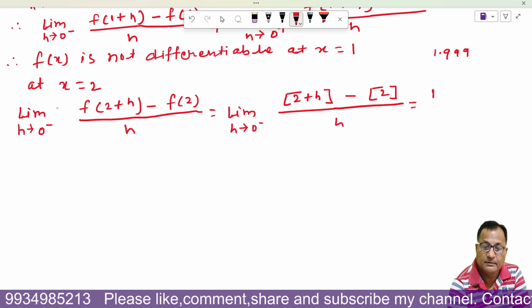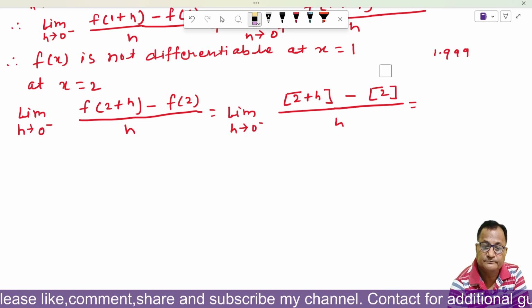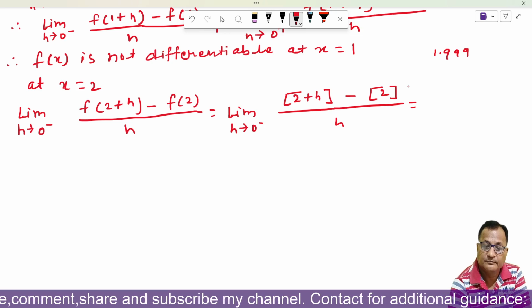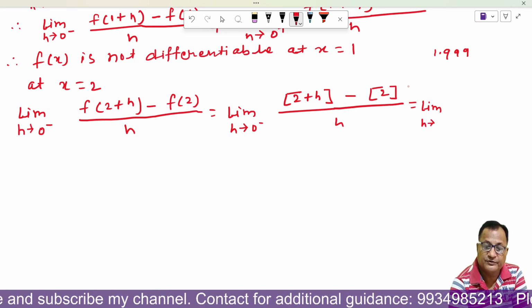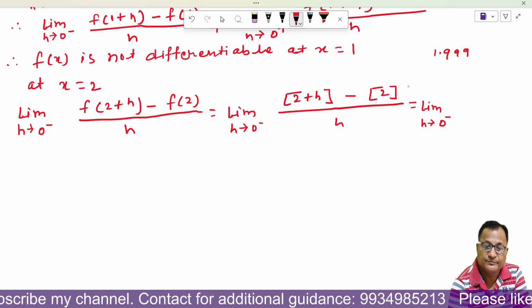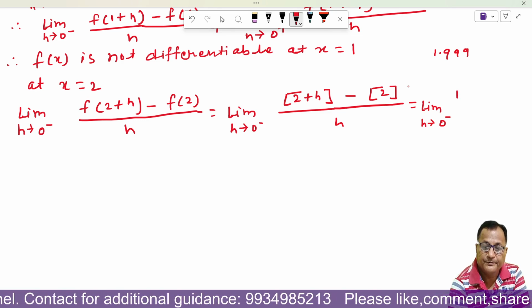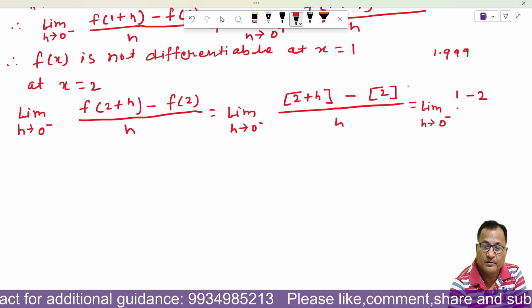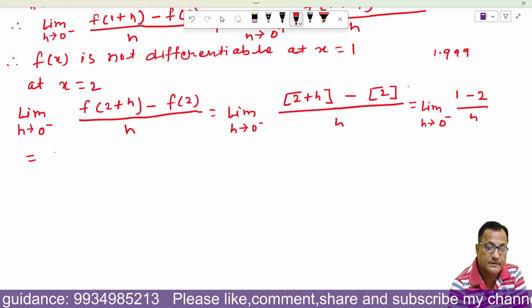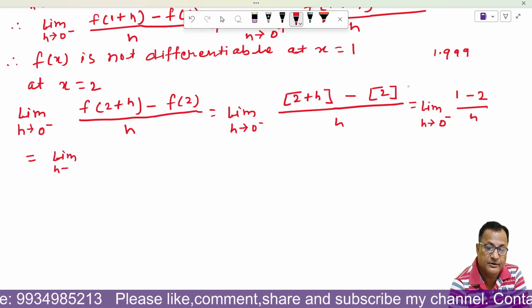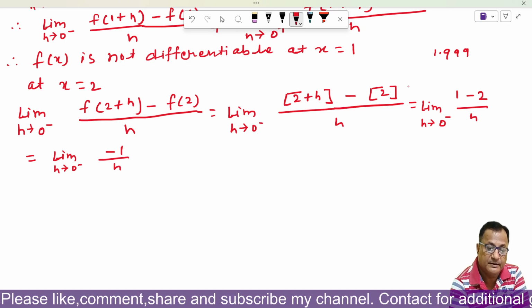So this will be 1 minus 2 by h, is limit h tends to 0 minus of minus 1 by h.